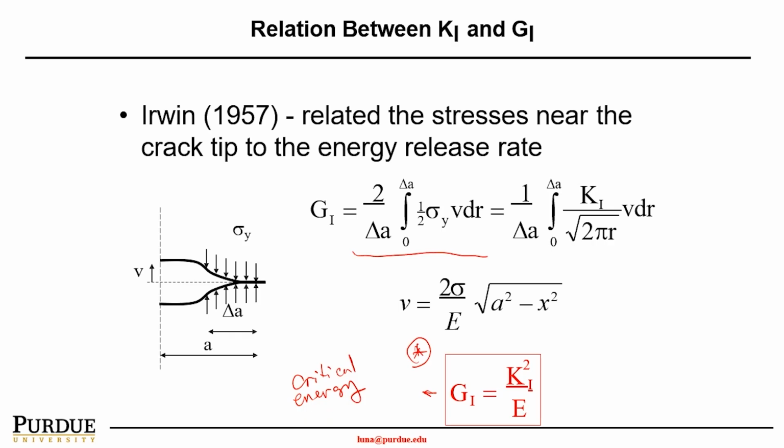Critical energy release rate. And again, K1 is the material's toughness, or stress intensity factor, fracture toughness, and E is the modulus of elasticity, or Young's modulus.